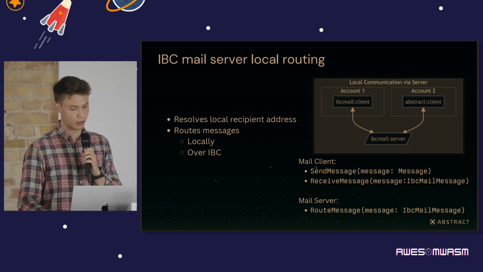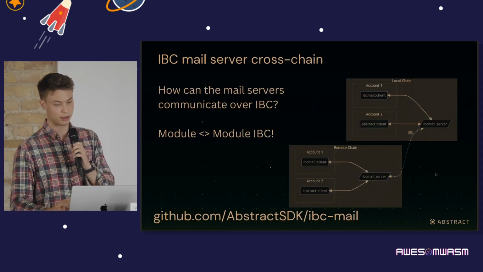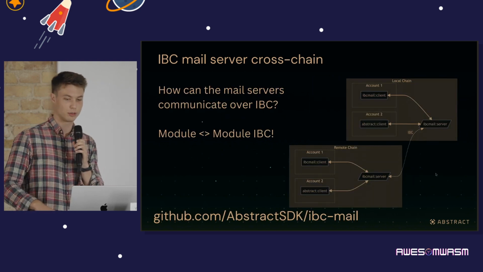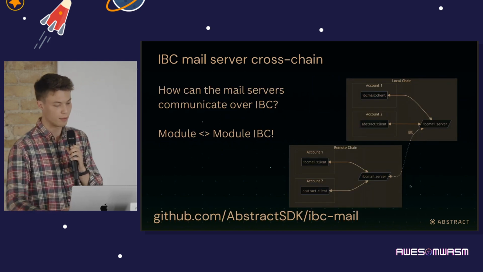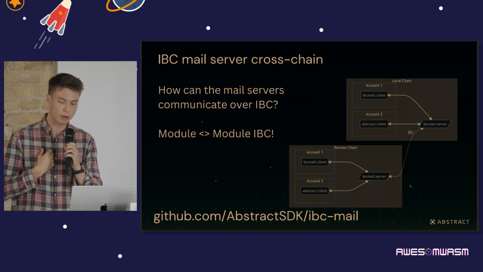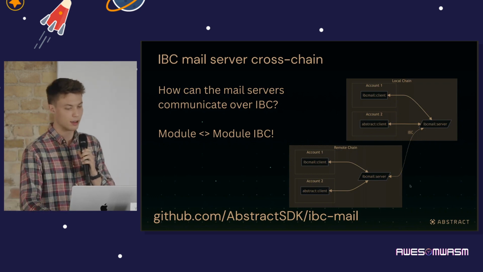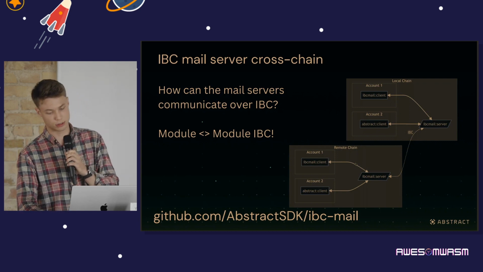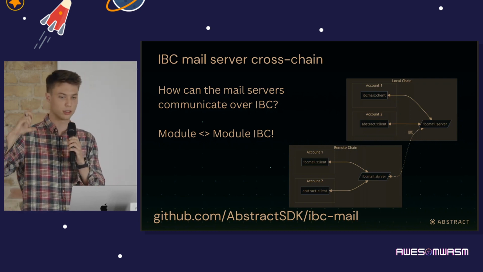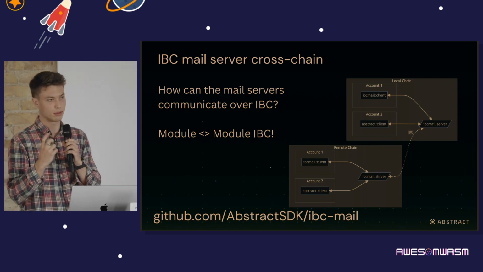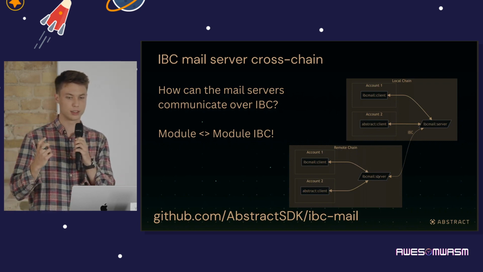And how would that work over cross-chain? So in this case, we use the servers to communicate over IBC with each other. And when we provide our message to the client, this message gets sent to the server, and then we provided a route with the message. So the server knows, hey, the user that I'm trying to reach isn't actually on this chain.